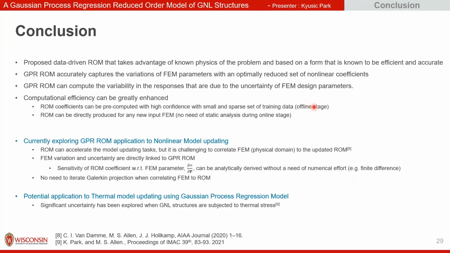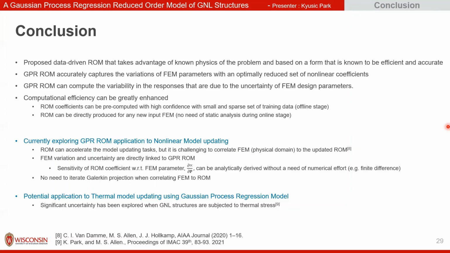So our GPR ROM approach utilized the governing physics of the problem and utilized the form of polynomials in the dominant modal coordinates such that they can efficiently capture parameter variation in the FEM. The GPR ROM could accurately capture the variations of FEM design parameters with an optimally reduced set of nonlinear coefficients.